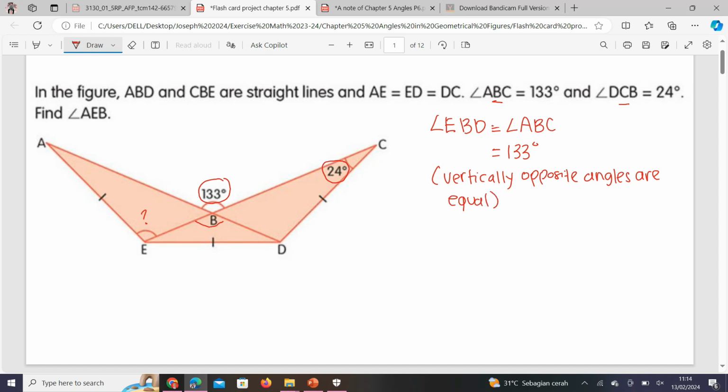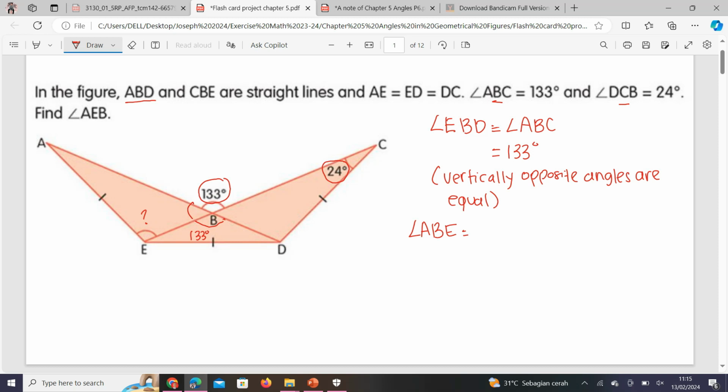Okay, next, after you know this 133 degrees, now you may see that ABD is a straight line, isn't it? Then to find the angle of ABE, you must memorize point 1a.